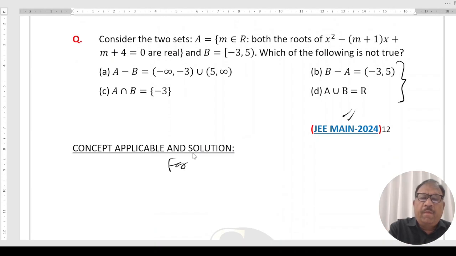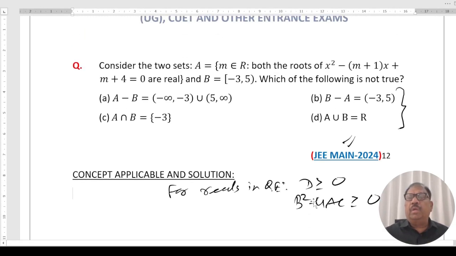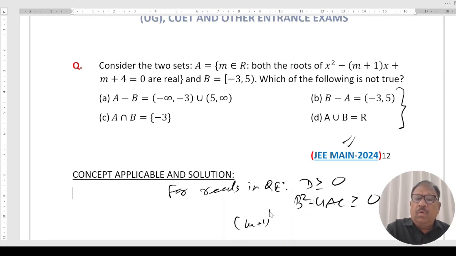For real roots in a quadratic equation, D should be greater than or equal to 0. That is, b square minus 4ac should be greater than or equal to 0. Here a is 1, b is minus (m plus 1), so (m plus 1) whole square minus 4 into 1 into (m plus 4) is greater than or equal to 0.